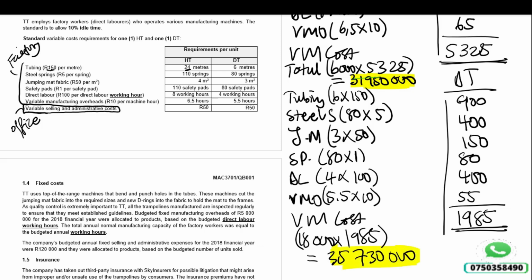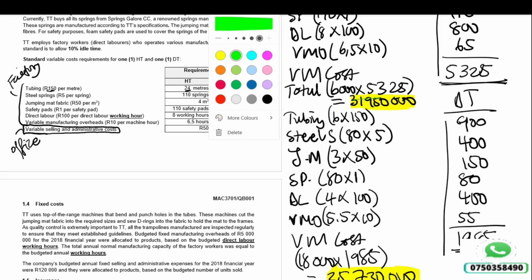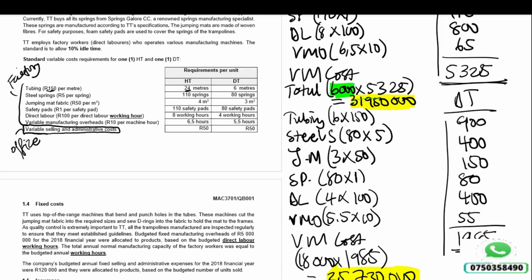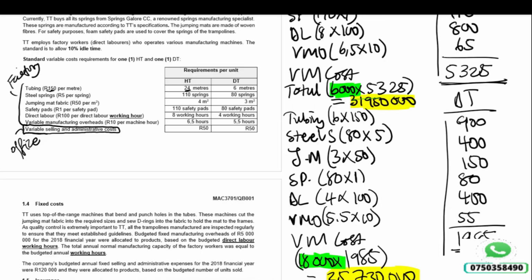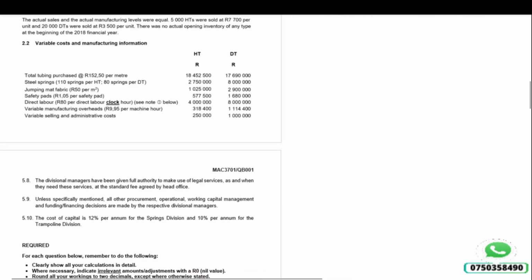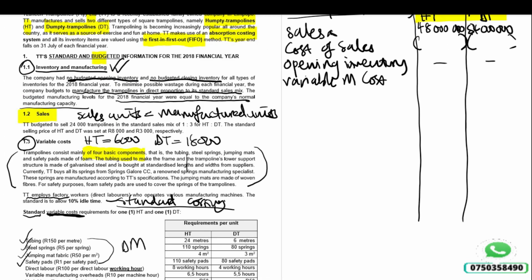Okay, so how did I know that we manufactured 6,000 and 18,000 units? Remember what we explained from note number 2 here.